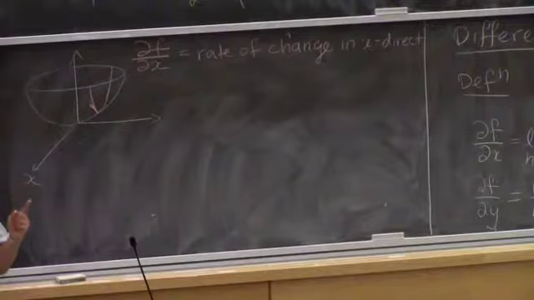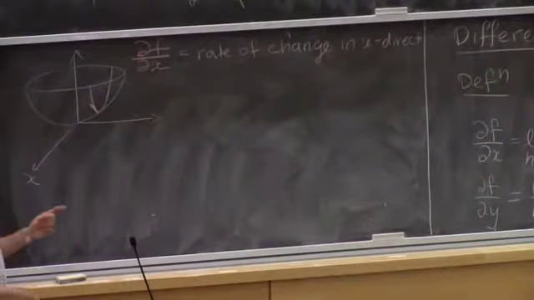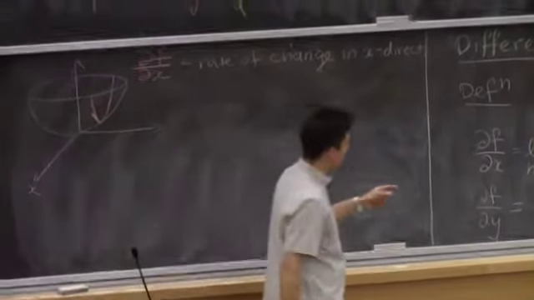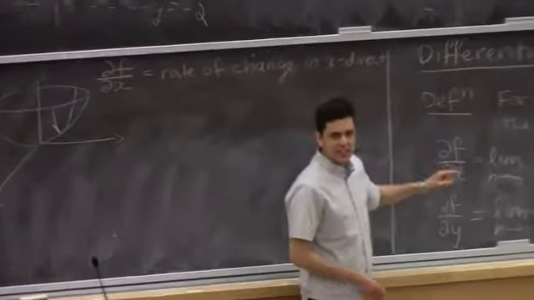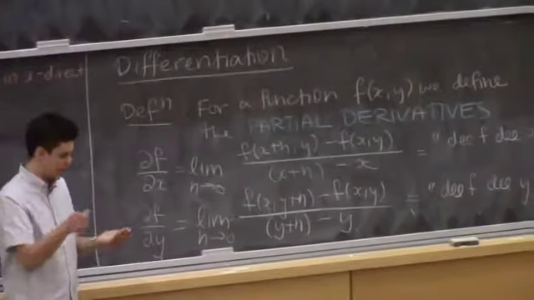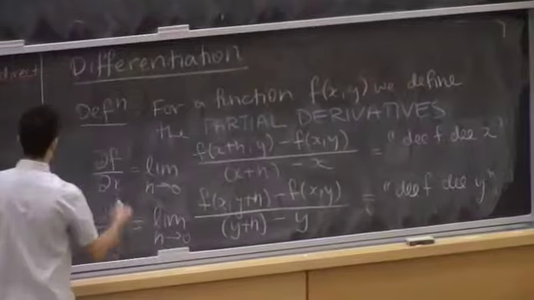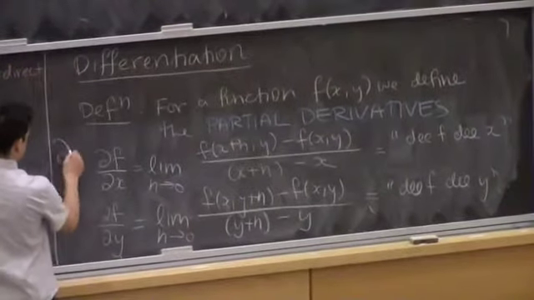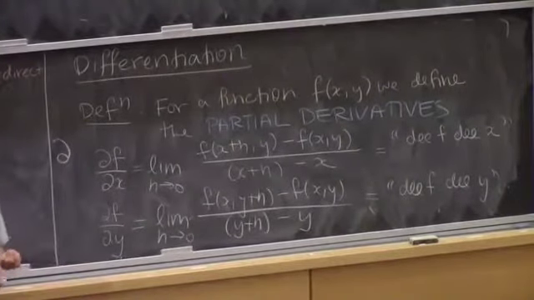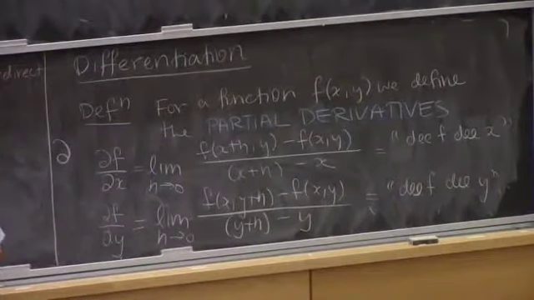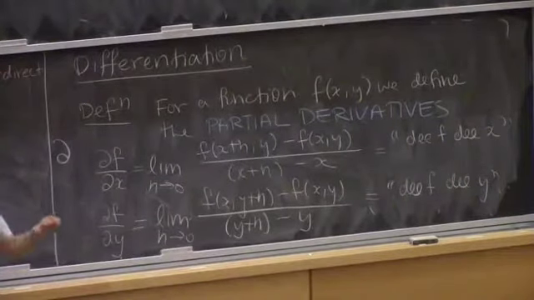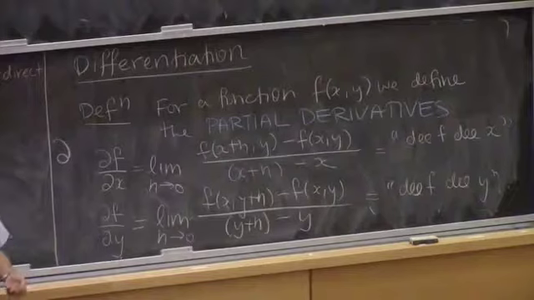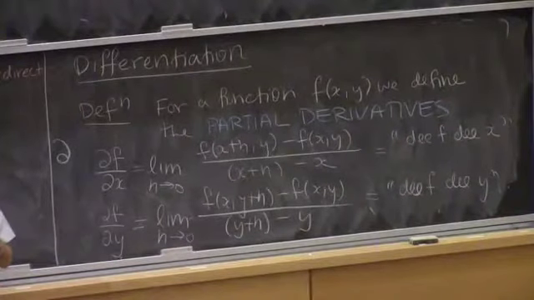Oh, I guess one thing I should say, this symbol here, this D, is supposed to be a fancy kind of calligraphic letter D. Okay? One time I was teaching a course on this, and we got 3-4 weeks into partial derivatives, and someone said, why do you always multiply f by 2?